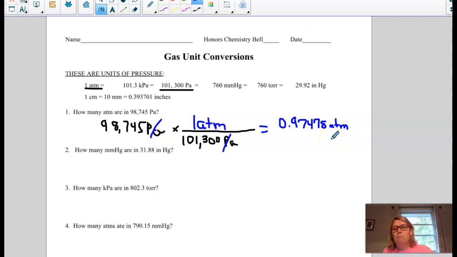Okay, so next one, it says how many millimeters of mercury are in 31.88 inches of mercury. So if I look here, I have 760 mmHg, and it's equal to 29.92 inches of mercury.